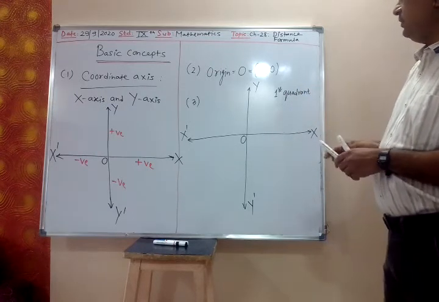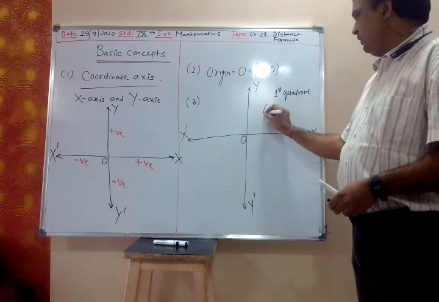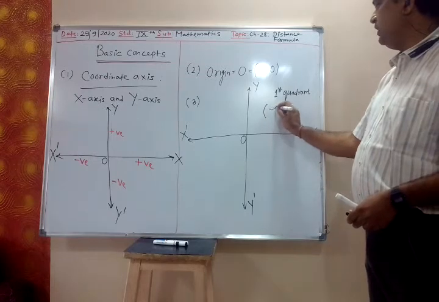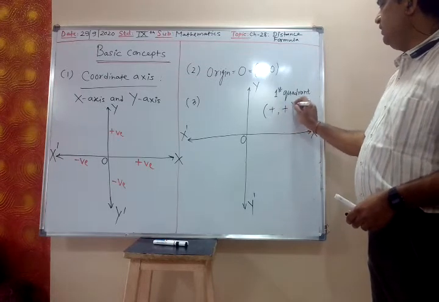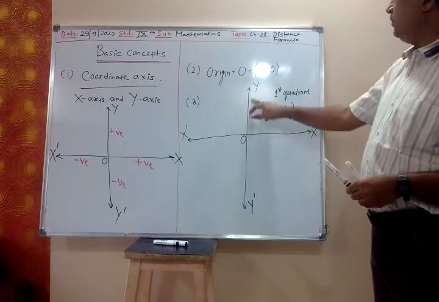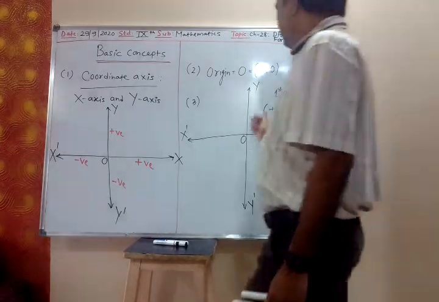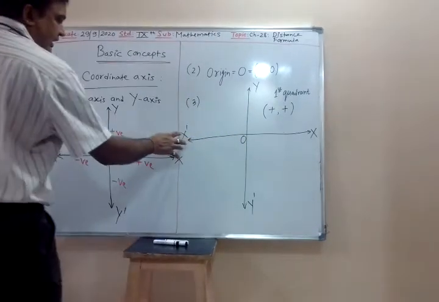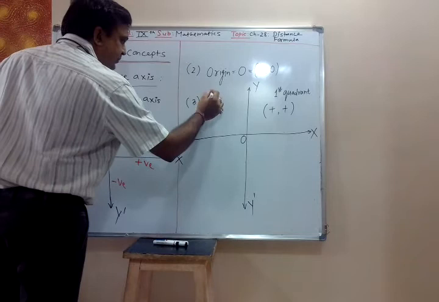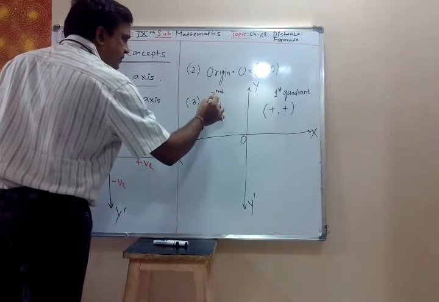In the first quadrant, x is positive, y is positive. So we take plus, plus. Then to this side, x dash O y, that is my second quadrant.